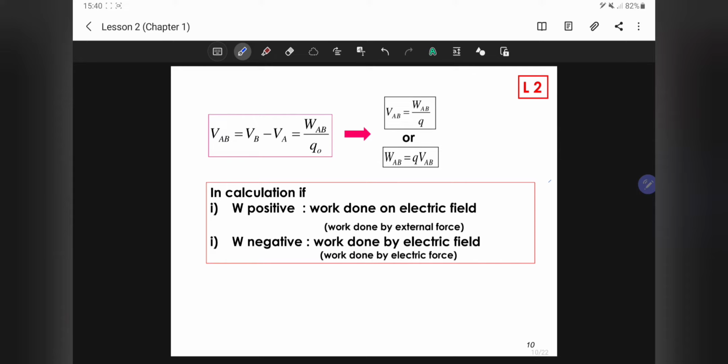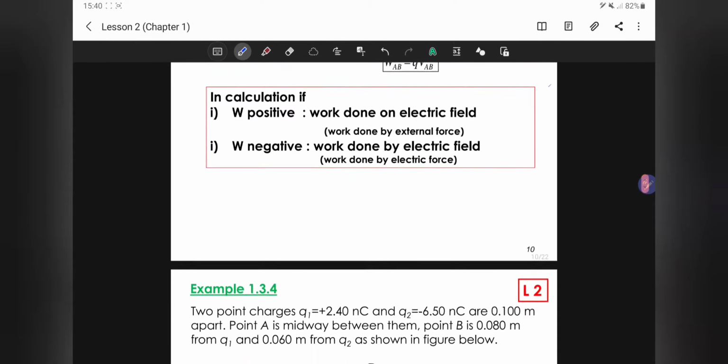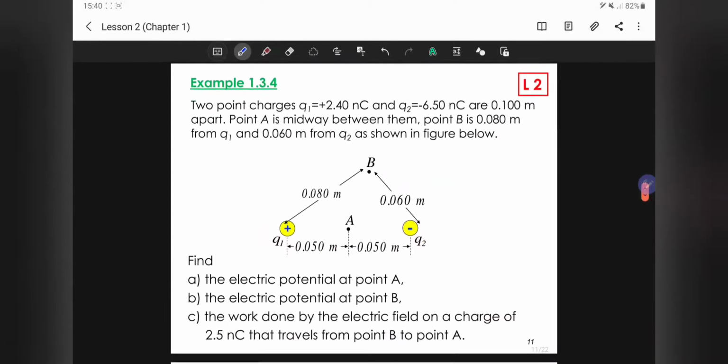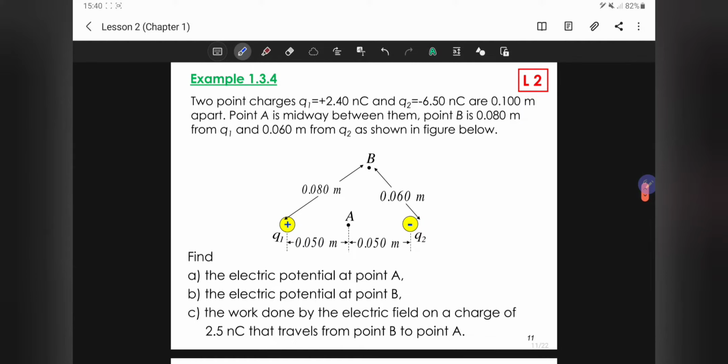Okay, so let's discuss one example of how we use the equation in calculating the potential difference. Let's discuss example 1.3.4. What do we have here? Two point charges are given, Q1 and Q2. Q1 is a positive charge while Q2 is a negative charge. They are separated by 0.100 meters.